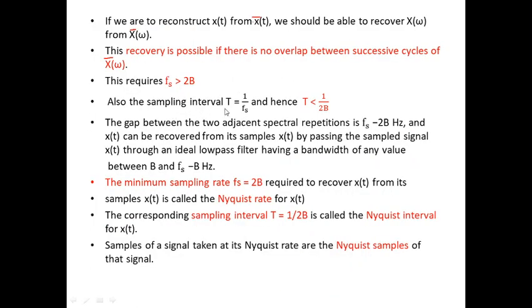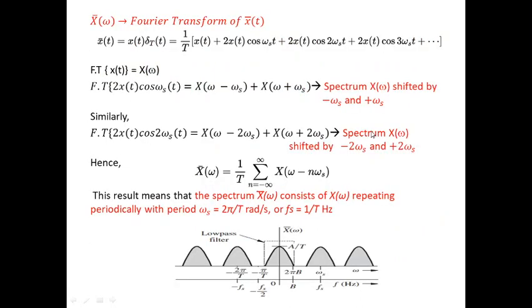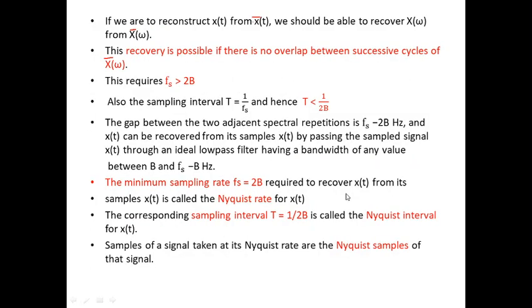Also the sampling interval T equals 1 by Fs, and hence we can also write T less than 1 by 2B. The gap between the two adjacent spectral repetitions is nothing but Fs minus B. So it is given as Fs minus 2B hertz.